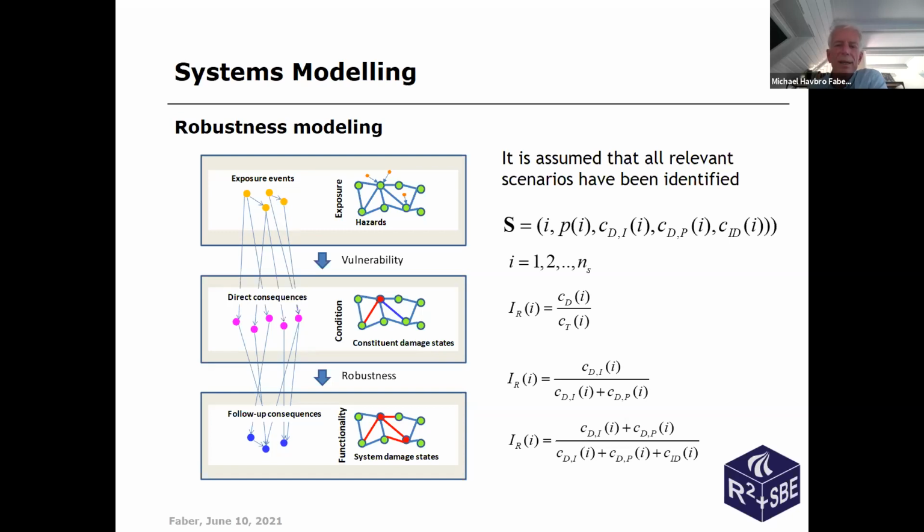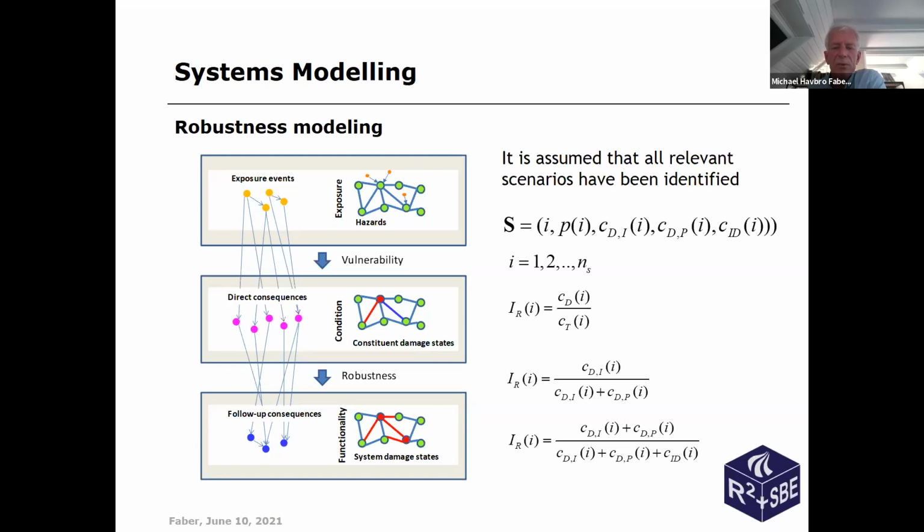And we split the direct consequences into what we call initiating consequences and direct propagating consequences. As long as consequences are associated with damages or failures of individual constituents of the system, we denote them direct. And as long as the consequences are associated with loss of functionality, we denote them indirect consequences.